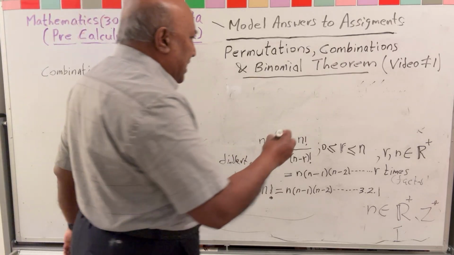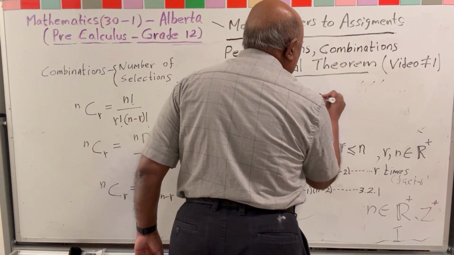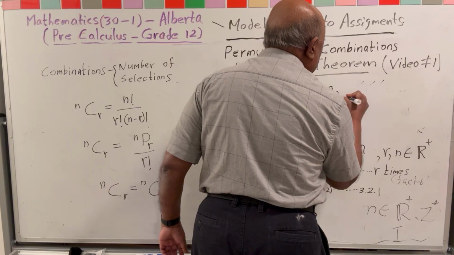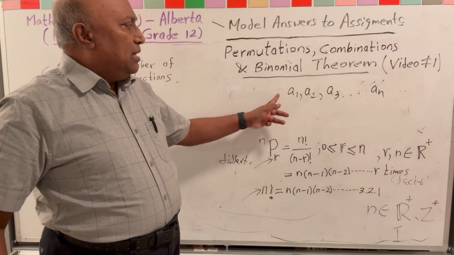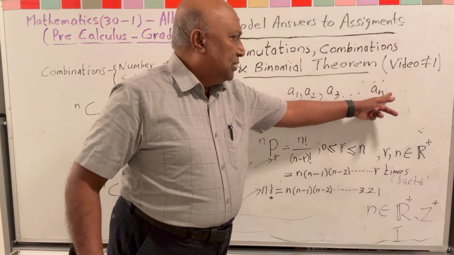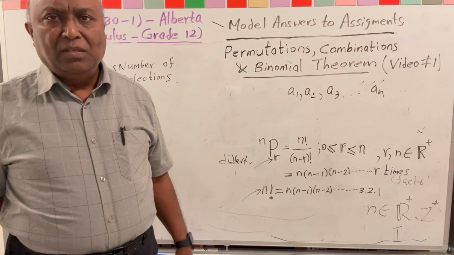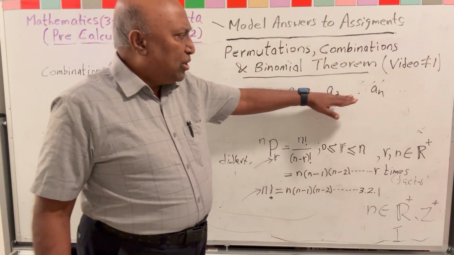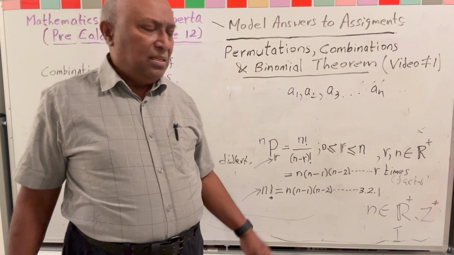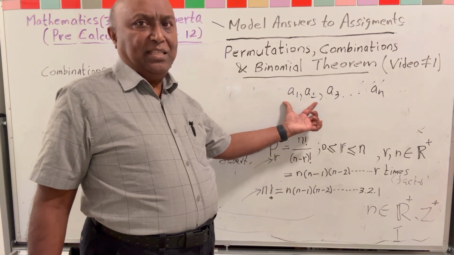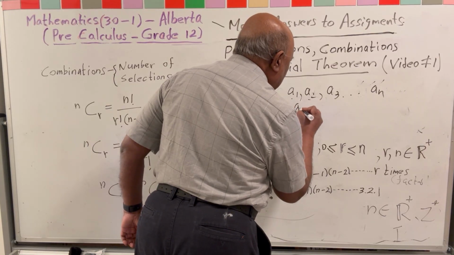But say there are n items like this, A1, A2, A3, up to An. If you select all items, there is a number of arrangements. But out of these items, there may be some identical items. That means these two are sometimes the same.